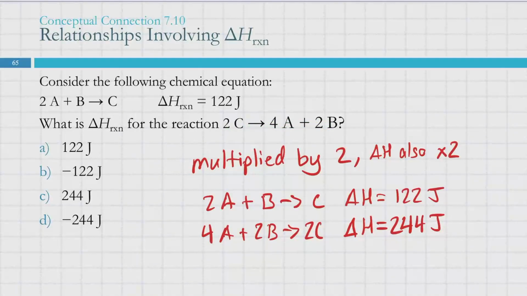What other change did we do? We flipped it left and right. So flipping our reactants and our products, we're running the reaction in reverse. So how is that going to change our delta H value?